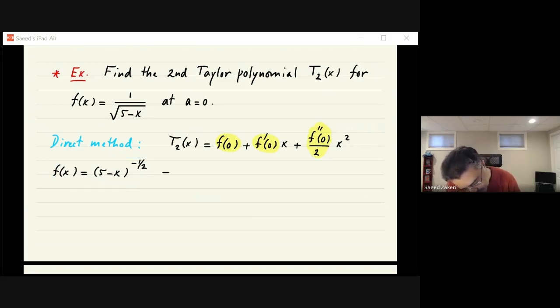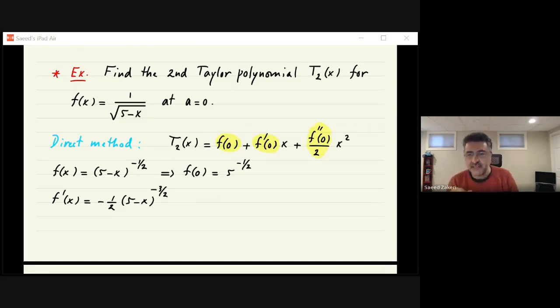This implies that f of 0 is 5 to the power minus 1/2, which is the same as 1 over root 5 that I had before. F prime is minus 1/2 times 5 minus x to the power minus 1/2 minus 1, which is minus 3/2, times the derivative of 5 minus x, which is minus 1, chain rule, so this becomes plus.